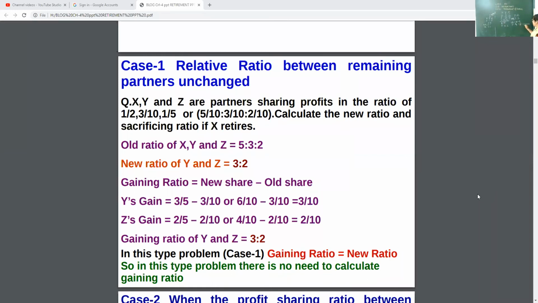Now take the LCM and subtract, that gives 3 by 10. Now take Z. What is the old ratio of Z? Yes, 2 by 10. What is the new ratio of Z? 2 by 5.